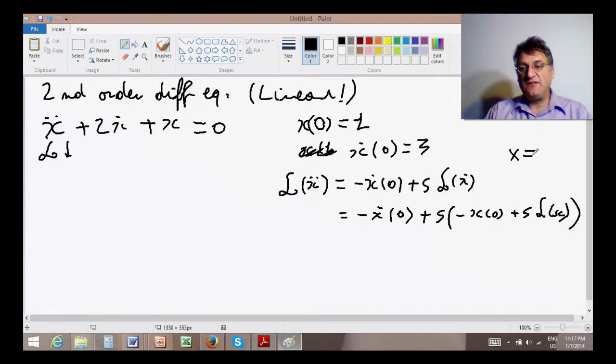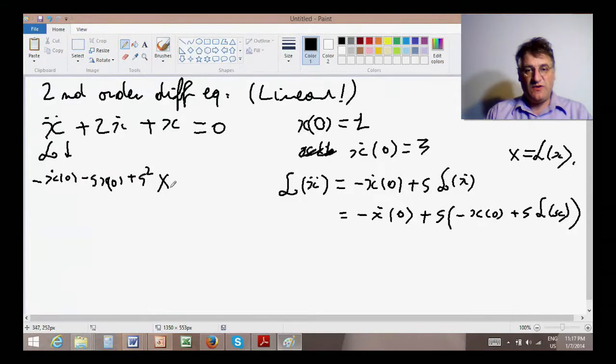So rewriting x as the Laplace transform of x again, we can say that this x double dot becomes minus x dot of 0 minus s x of 0 plus s squared times x.